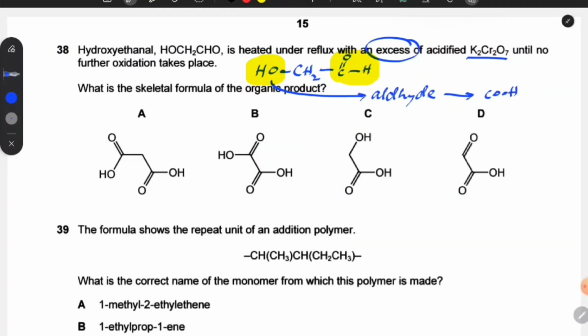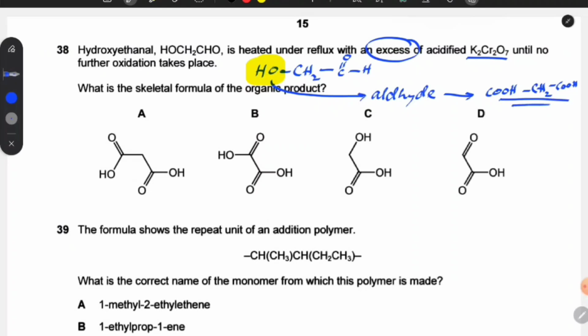So this is what is going to happen in this case: that OH will convert into COH, and then CH2, and then this aldehyde will oxidize into carboxylic acid, so you will again get COH on the right side.